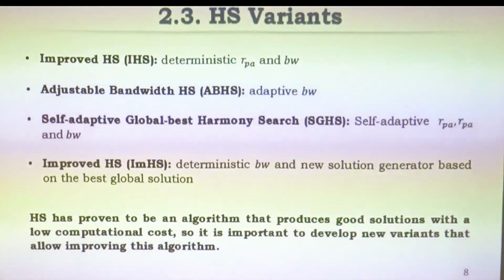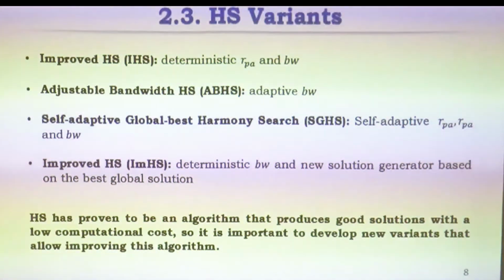In the literature there are many variants of HS, some that have deterministic parameters, adaptive parameters, others have self-adaptive parameters, or introduce new forms of generation. HS has proved to be an algorithm that produces good solutions with a low computational cost.